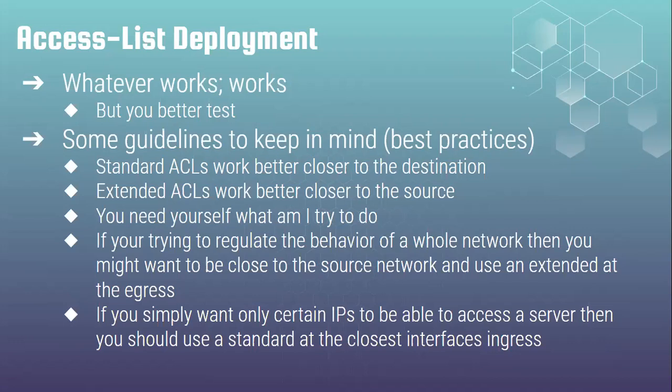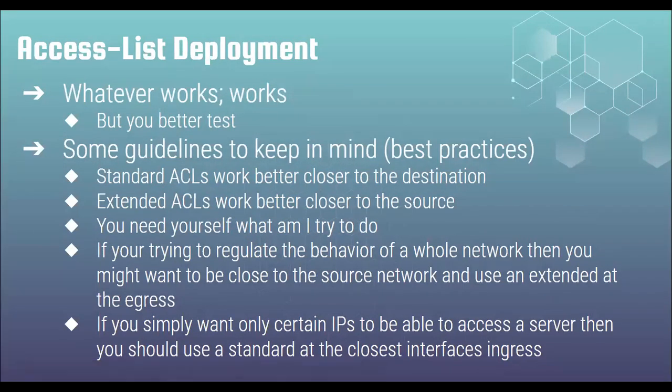So best practices, things to keep in mind. You want to use standard ACLs close to the destination, right? Use them more for destinations, because remember, you're only allowed to use the source. So going back to my drawing here, if I was using a standard access list, again, the beauty of a standard access list is nice and simple.